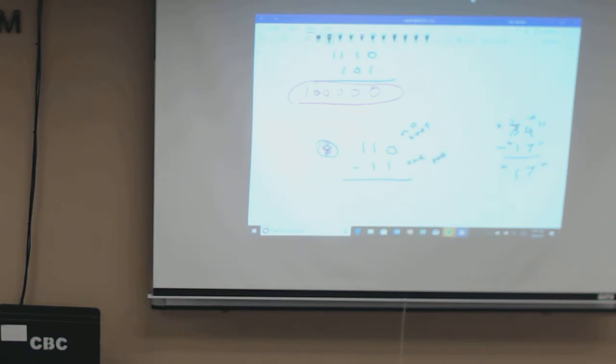I don't have any 1s, but I have a 2, and a 2 would make 2 1s, wouldn't it? So I borrow this, which means I take that out and turn that into a 0. And 2 1s minus 1 one would leave me 1 one.